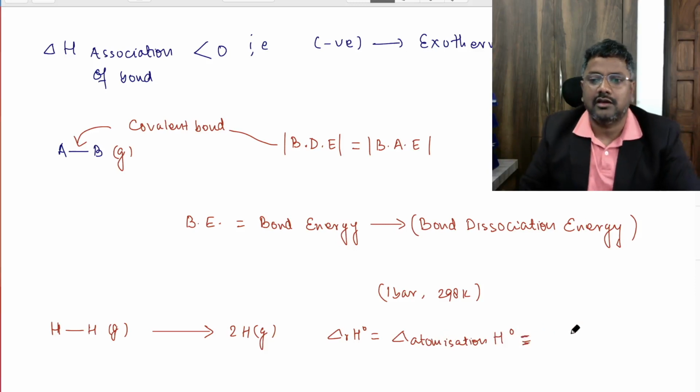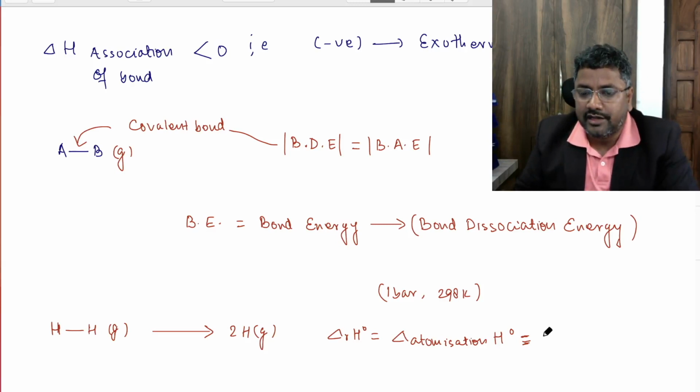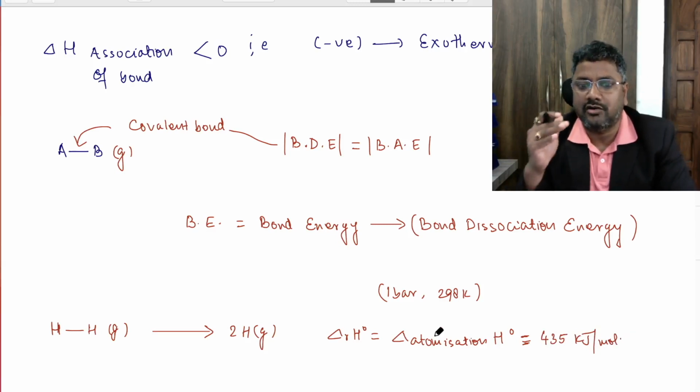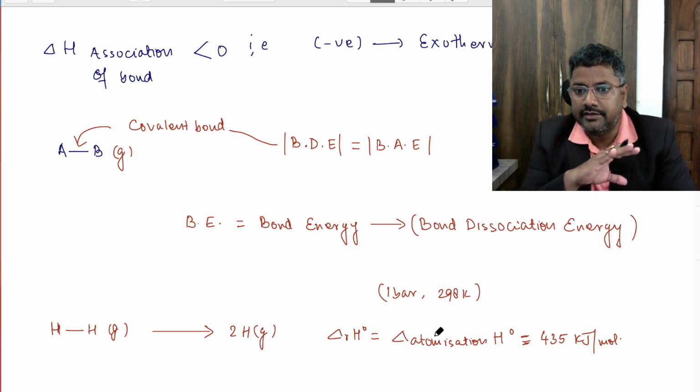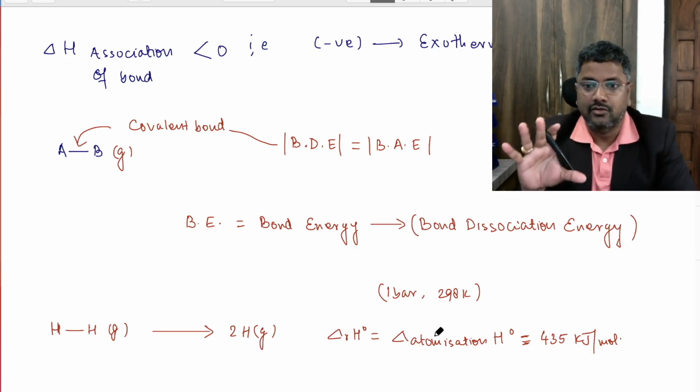And this is equal to 435 kilojoules per mole. I think this is the highest single bond energy between any atoms in the whole periodic table. Remember this, 435 is the highest value.